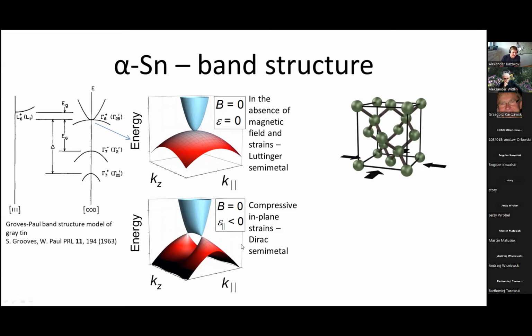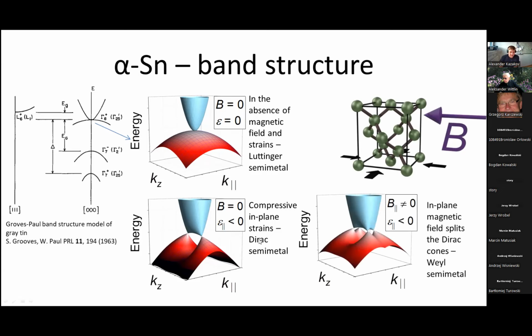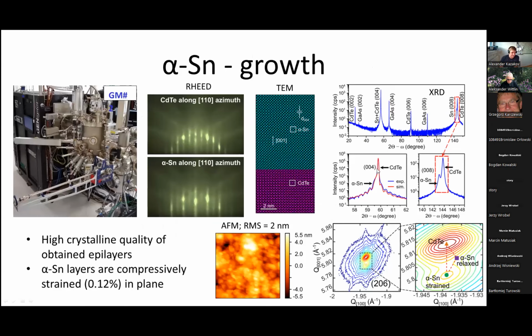So it means that the material is transformed to the Dirac semi-metal phase. And further, if we consider an in-plane magnetic field, we see that these two Dirac points are split further into two so-called Weyl semi-metal points. So it should be a Dirac semi-metal in zero magnetic field and a Weyl semi-metal in the presence of a parallel magnetic field.